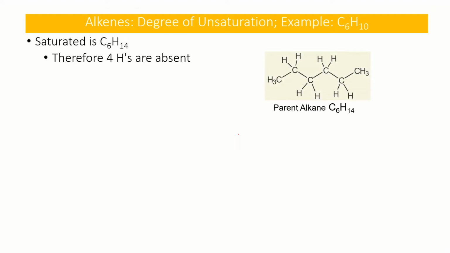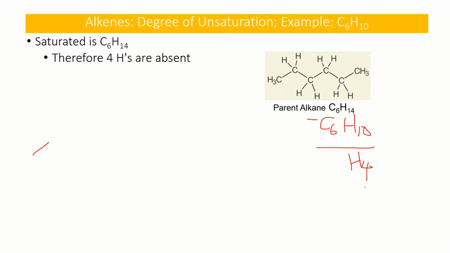For example, we have a molecule C6H10. The parent alkane is C6H14. What we then do is calculate the hydrogen deficiency by subtracting this formula from the parent alkane, and what we find is that we are 4 hydrogens deficient.